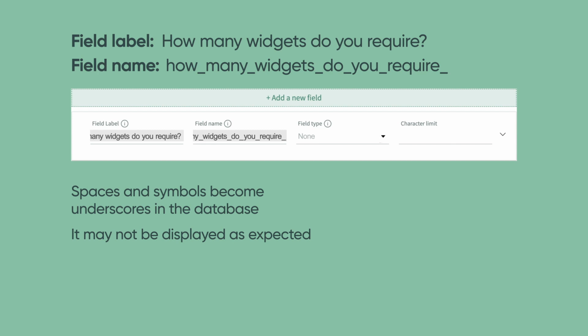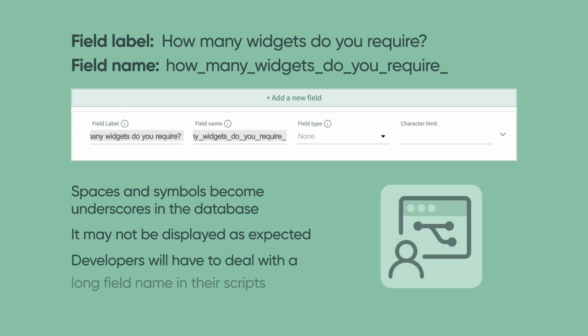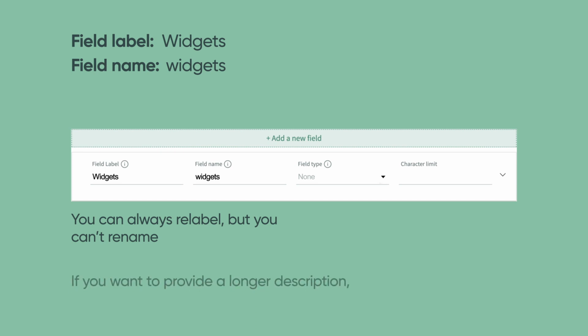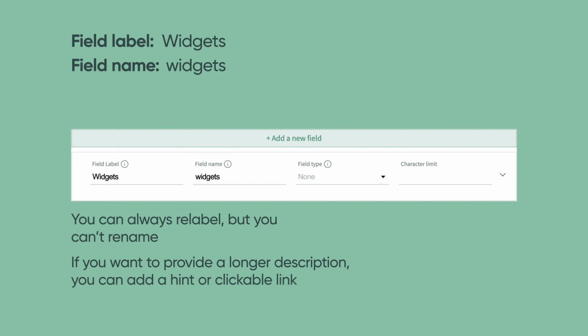This field label is troublesome for users because it may not be displayed as expected, and developers will have to deal with a long field name in their scripts. Instead, consider keeping it simple and labeling the field widgets to create a field named widgets. Remember, you can always relabel, but you can't rename. If you want to provide a longer description for a form field, you can add a hint or a clickable link.